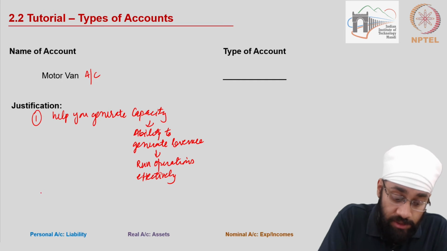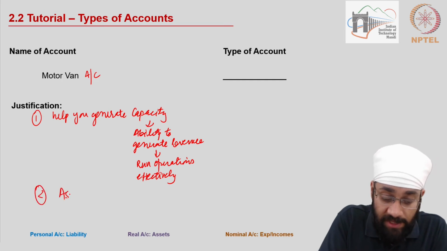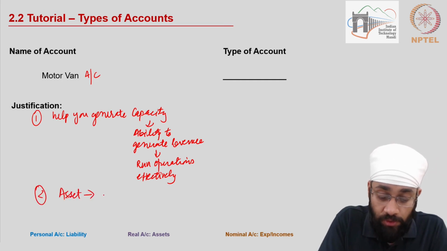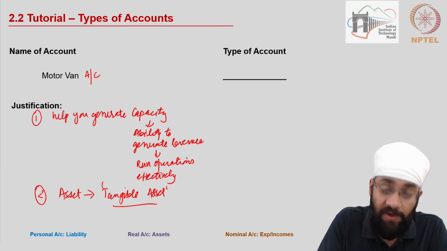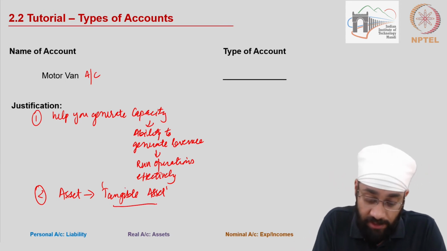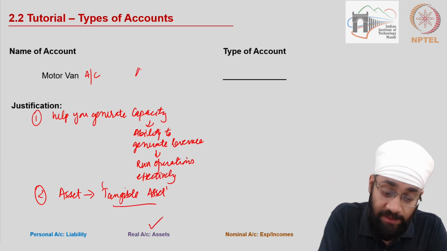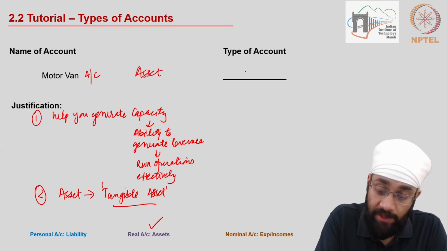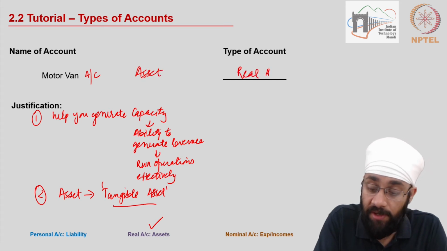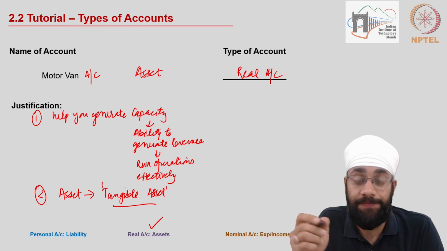So motor van is an asset, and also it's a tangible asset, something that you can see, but it doesn't matter which type of asset it is, as long as this is an asset, it is going to be categorized as a real account. That's it.